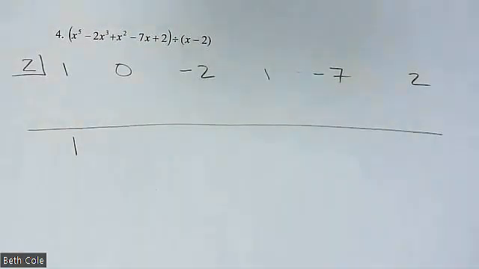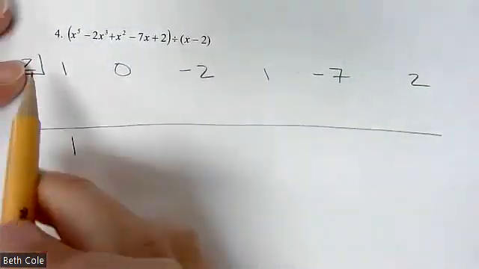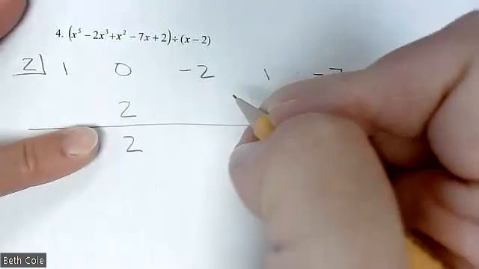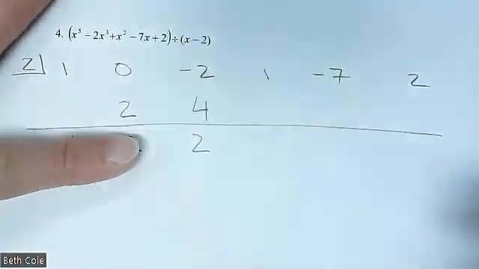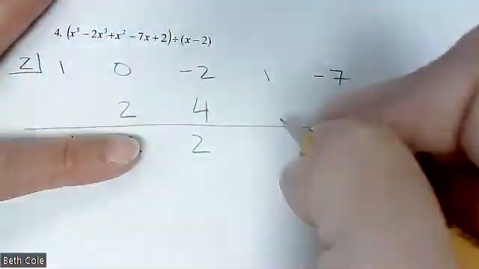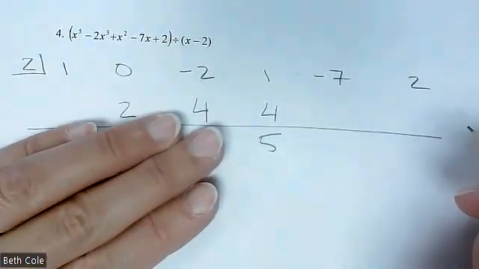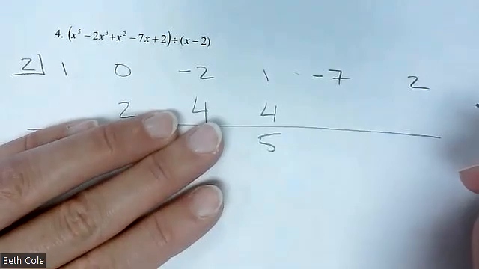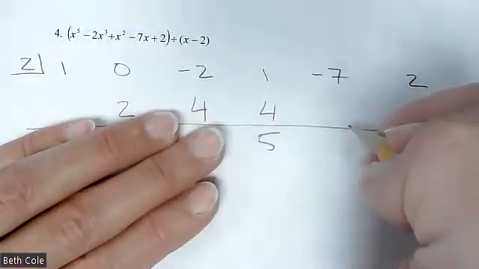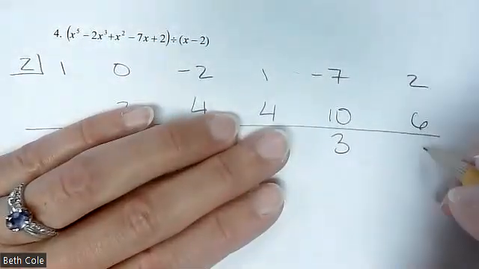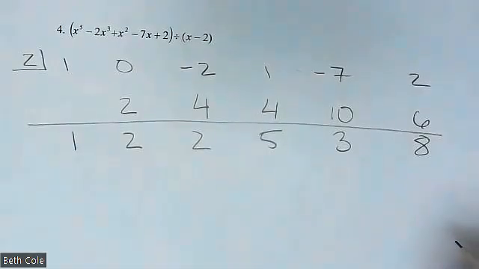So bring down the first number, multiply, add, multiply, add. So 2 times 1 is 2, add, you get 2. 2 times 2 is 4, add, you get 2. 2 times 2 is 4, add, you get 5. Are we all still together here? And this is me just explaining how to add and multiply numbers at this point. All right, 2 times 5 is 10, add 3. 2 times 3 is 6, add, you get 8.